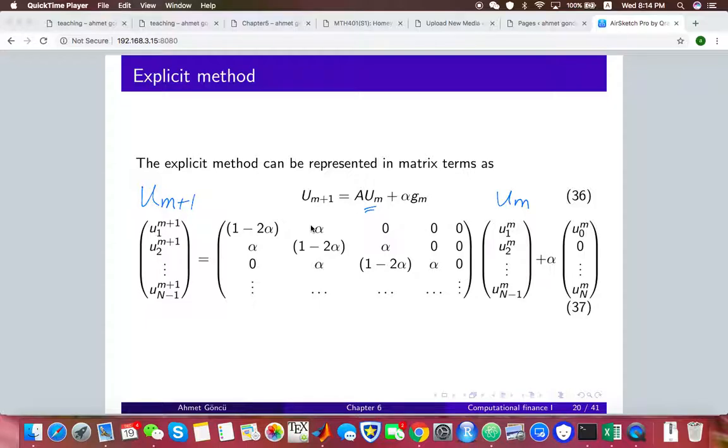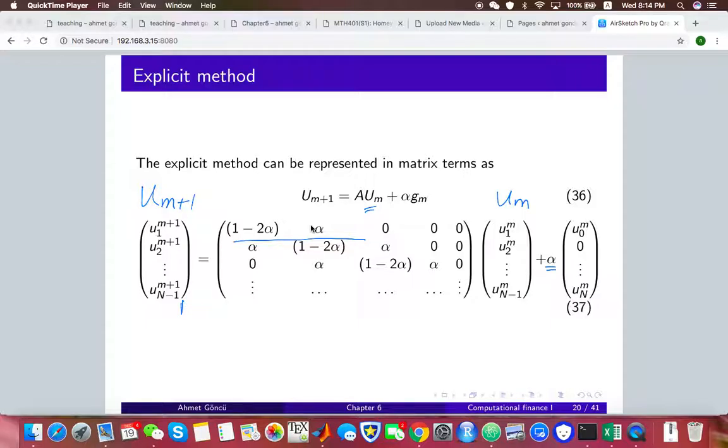And you can see that when we write the first term here, the u0 times alpha term is split separately because this is coming from the boundary conditions. And for all the other terms, we can see the inner points are included in this vector. Okay, so this is the size of this vector.